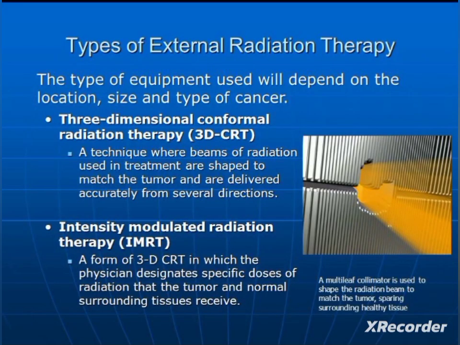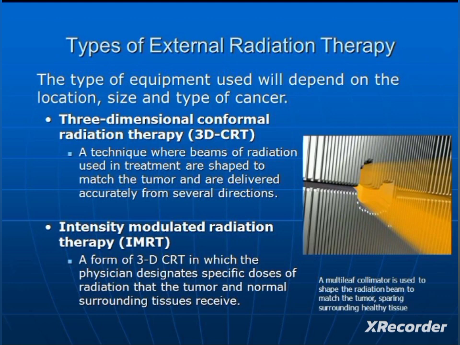Now we can see types of external radiation therapy. The type of equipment used will depend on the location, size and type of cancer. The first type is three-dimensional conformal radiation therapy, known as 3D CRT.